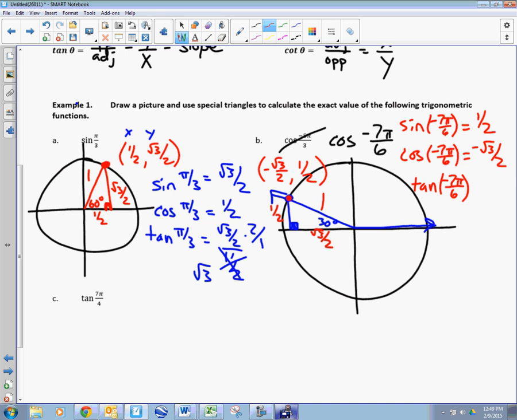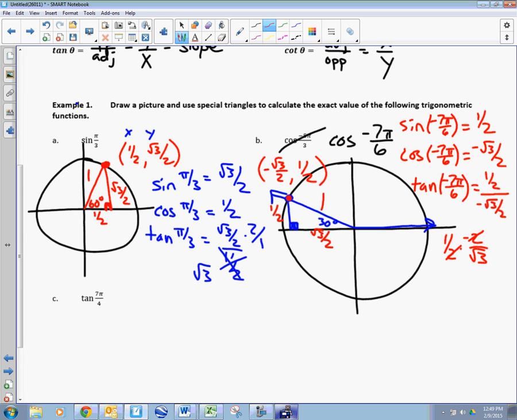How would I do that? y divided by x. So 1 over 2 divided by negative root of 3 over 2. You got to divide those. Instead of dividing, multiply by the reciprocal: 1/2 times negative 2 over the root of 3.